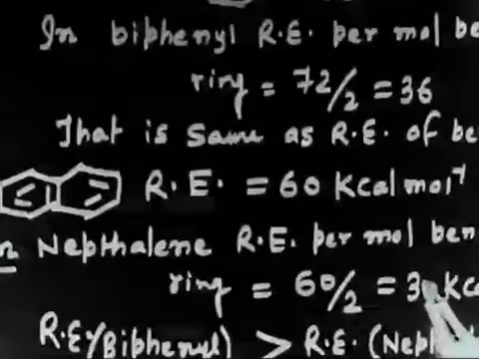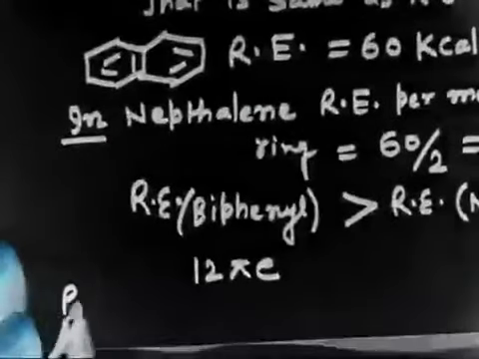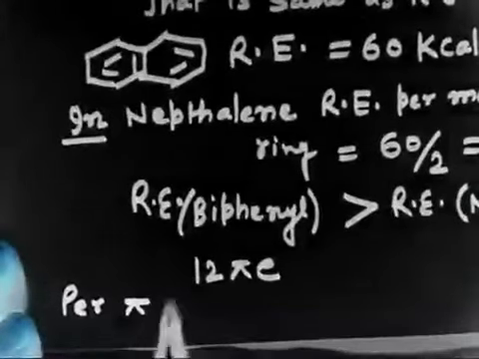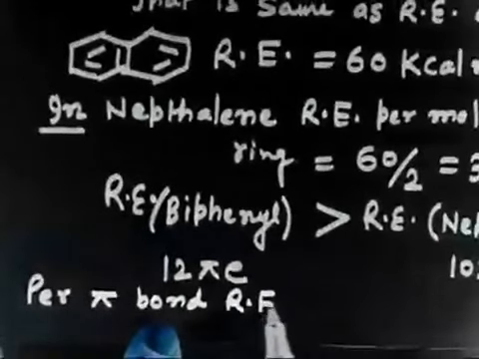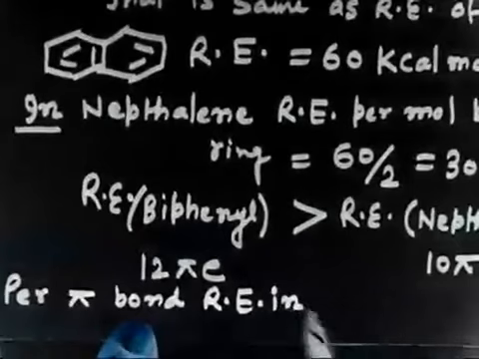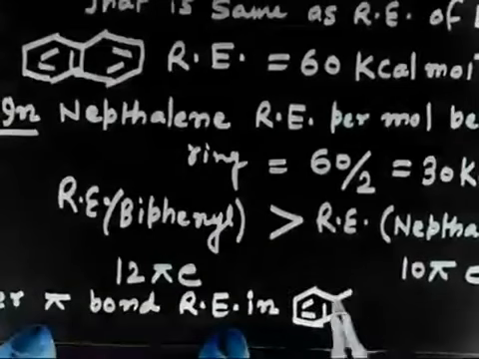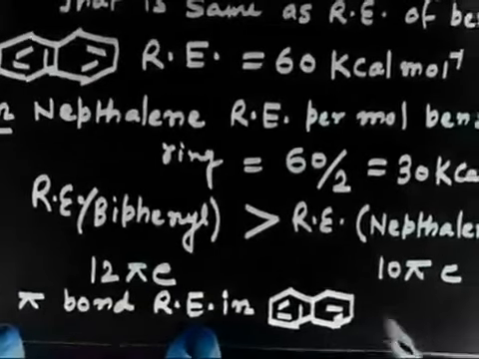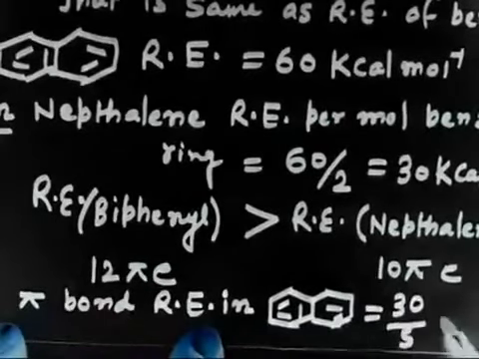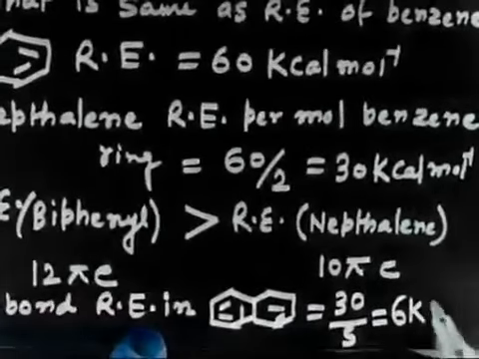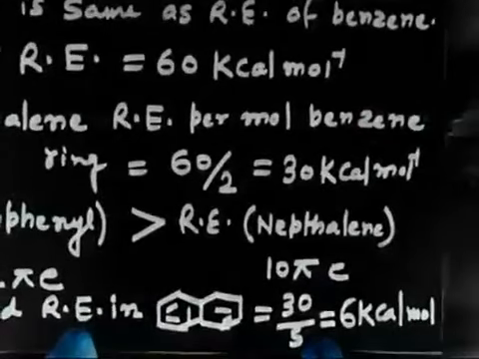So per double bond, per pi bond, the resonance energy in naphthalene will be equal to 30 by 5 because I have 5 pi bonds. So 30 by 5, that is 6 kilocalorie per mole. Why I am using this, we will understand soon.